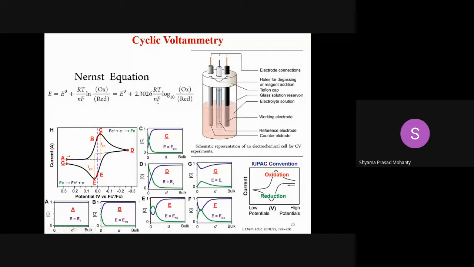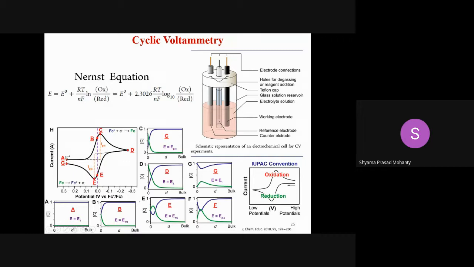According to the Nernst equation, you can know at what potential what type of concentration you are going to get. And nearby the electrode surface, this species will start decreasing, so you will be having some diffusion layer, so current will drop.